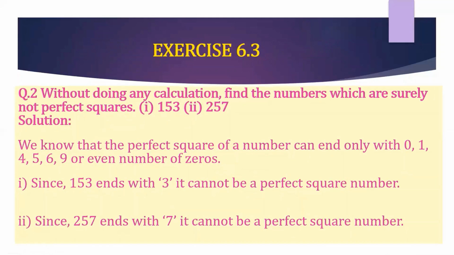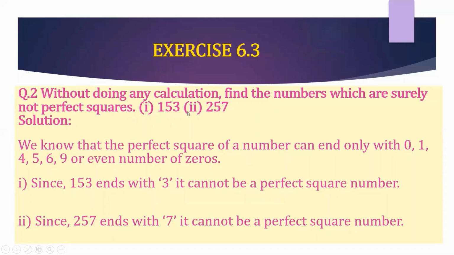Exercise 6.3. Here, without doing any calculation, you have to find the numbers which are surely not perfect squares. For that, we will use the property of squares that we have discussed in the previous session.